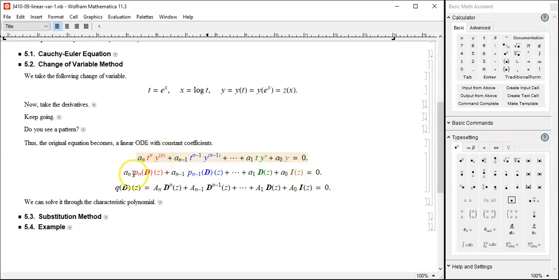It becomes some polynomial expression of the derivatives of z: some nth derivative, some n minus first, and so on. Complicated they may be, but in the end we have n derivatives, so we get order n.